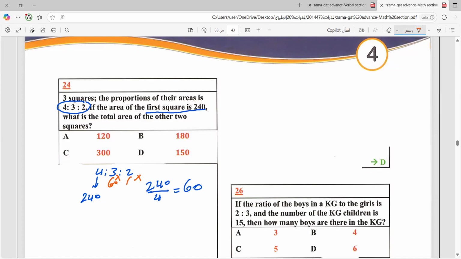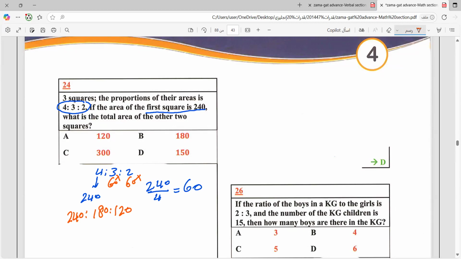The third square, you multiply by 60. So 3 times 60 will be 180, 2 times 60 is 120, 60 times 4 is 240. We find it for all squares.